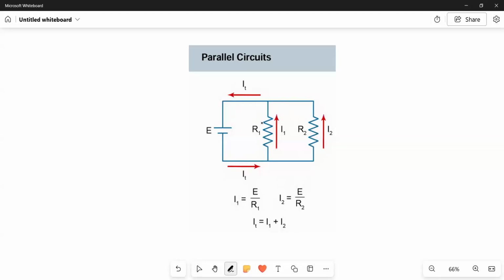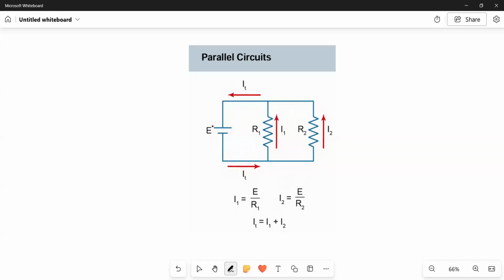The resistors now are arranged in a way that the current can flow in different paths. You see, current can flow through here, current can flow through here, and they all join up back and go back there.